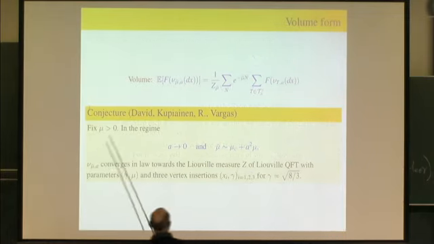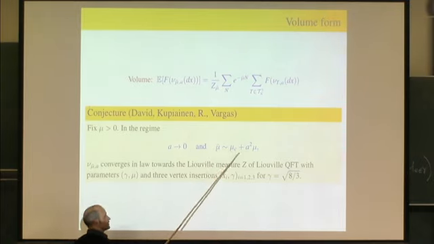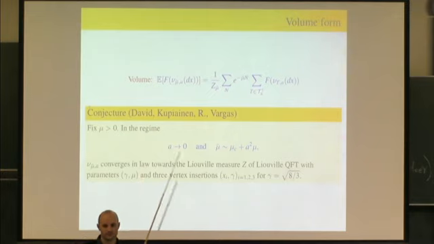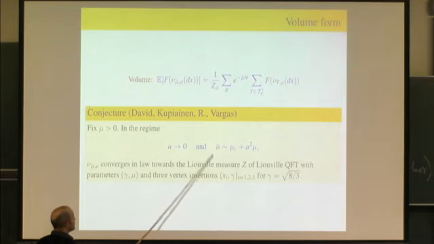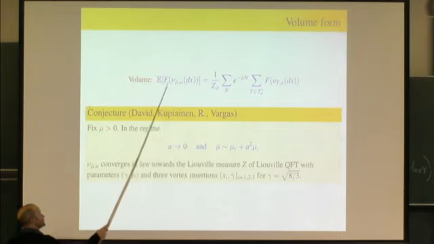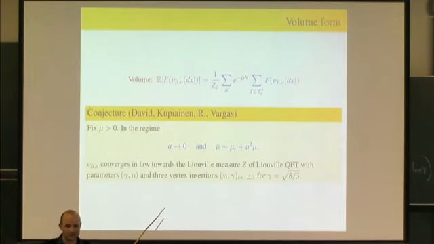So we assume that you are very close to the critical point, up to some constant times the mass that you've put on each face of your triangulation. If you are in this regime, the conjecture is that the random measure associated to your triangulation will converge in law towards something called the Liouville measure of Liouville quantum field theory with some insertion points.